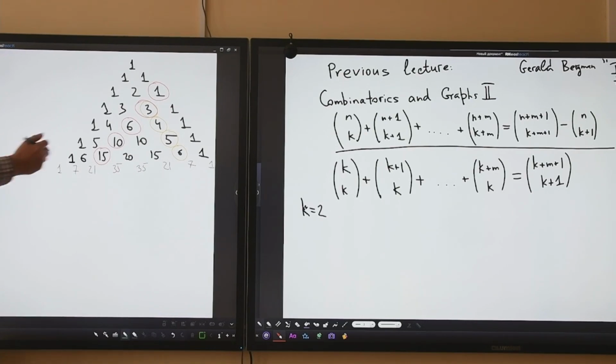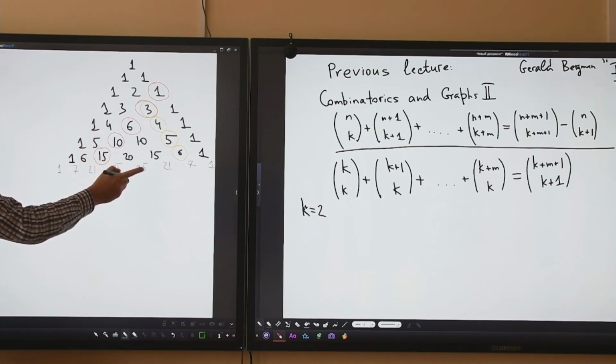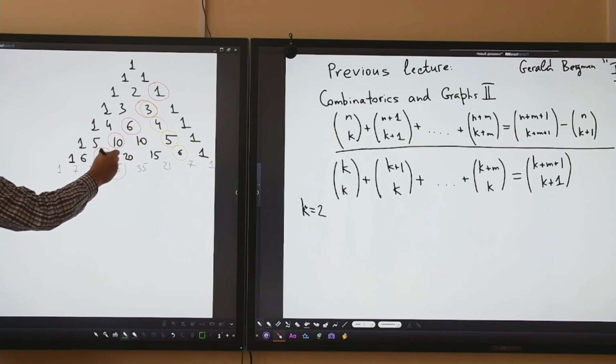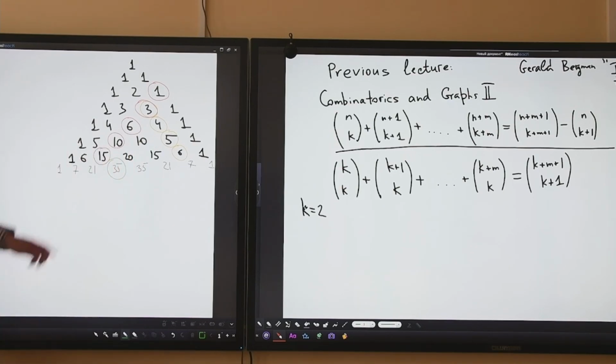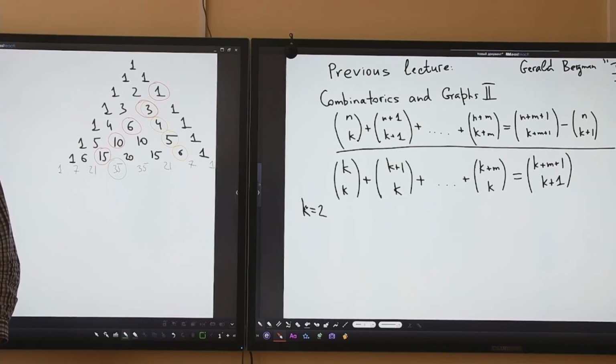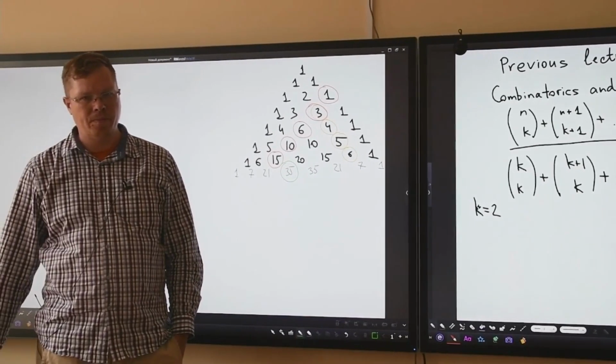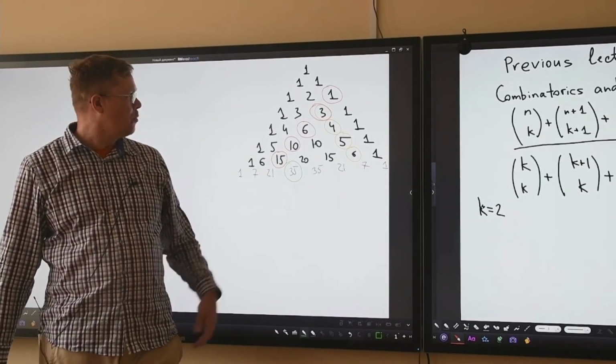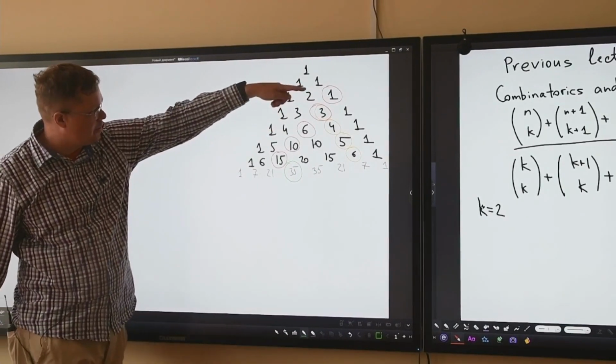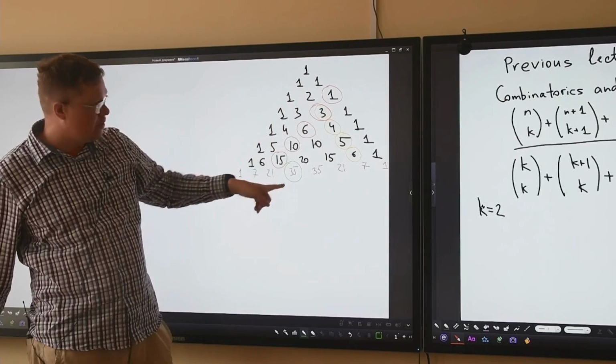And the sum of these elements will be, if I'm correct, this one: 1 plus 3 plus 6 plus 10 plus 15 will be 35. Do you understand this formula? How can we prove that if I summarize all these red elements, then I get this green element?